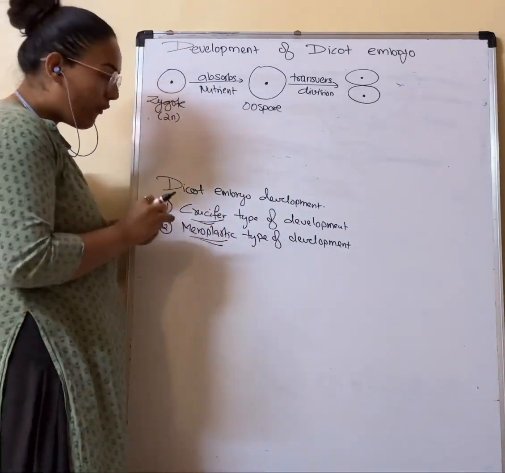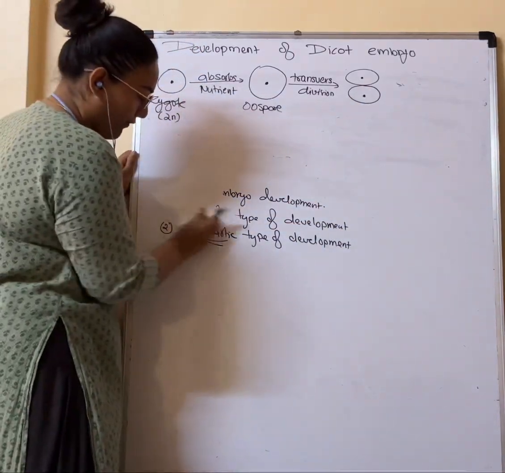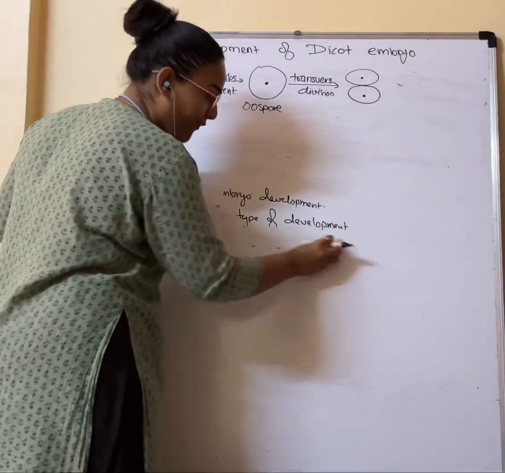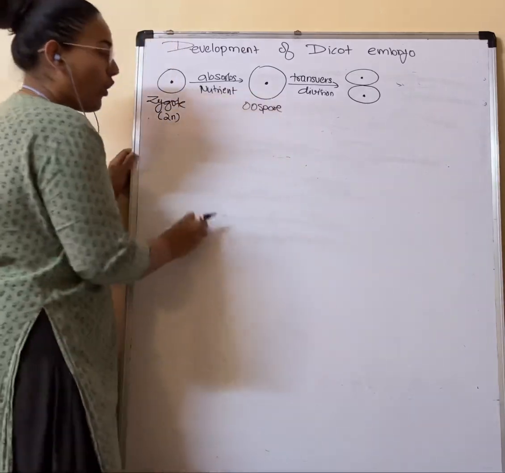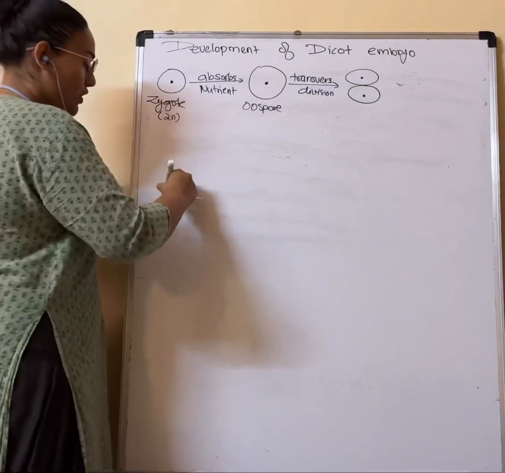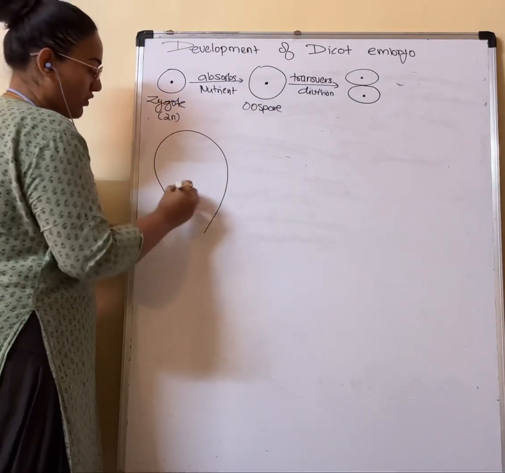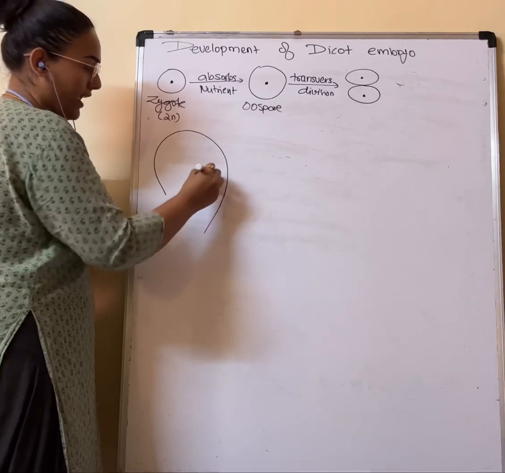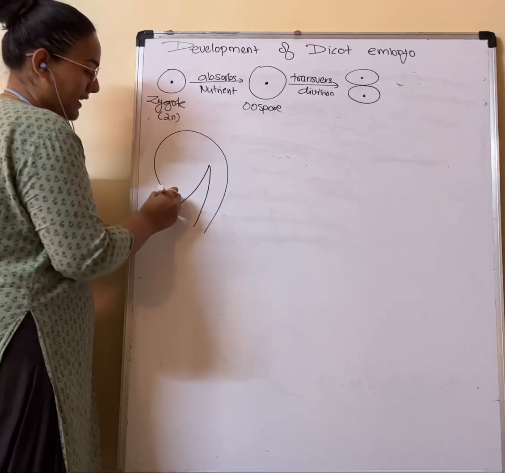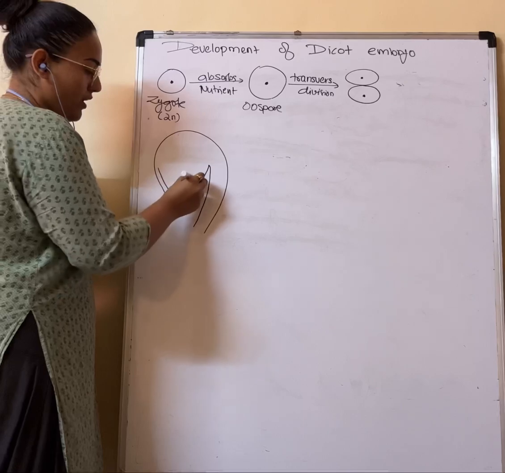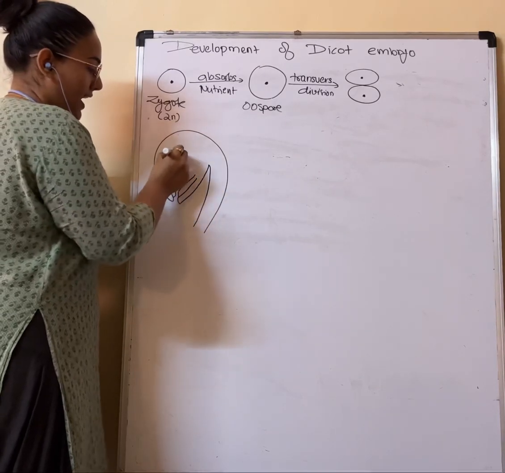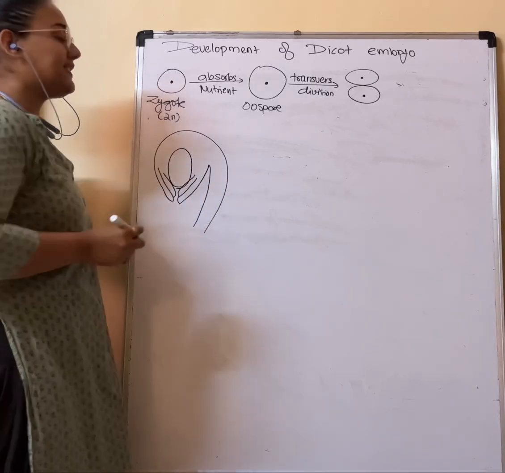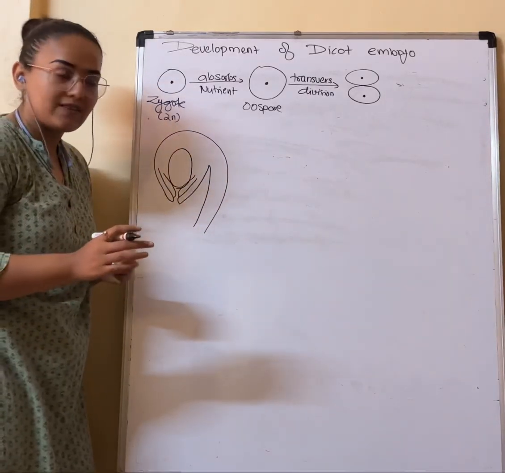Now, for understanding the location of these two cells and their fate, we must recollect the structure of an ovule. So, let me roughly draw a structure of an ovule over here. Let's consider this as an ovule, outer integuments, inner integuments, and the embryonic sac. You are familiar with this structure.